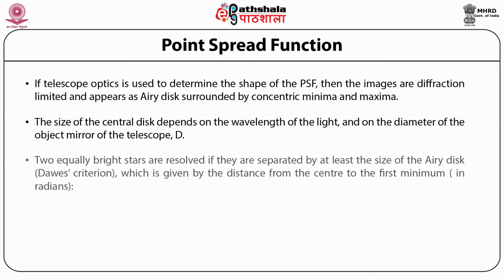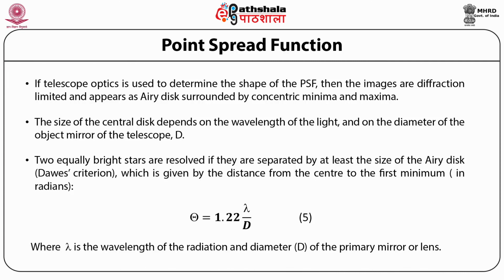Two equally bright stars are resolved if they are separated by at least the size of the Airy disk, which is given by the distance from the center to the first minimum, defined by the relation theta equals 1.22 times lambda by D, where lambda is the wavelength and D is the diameter of the primary mirror.